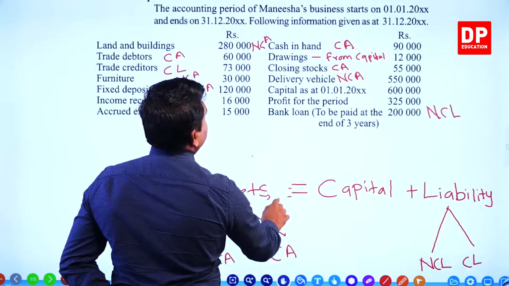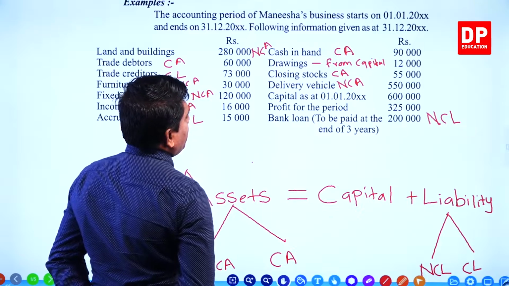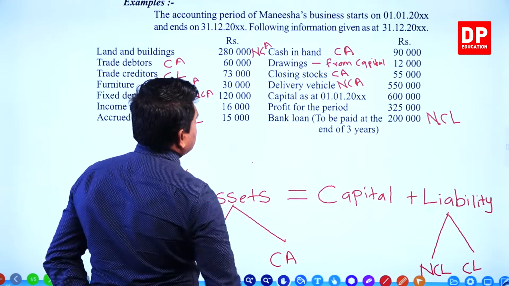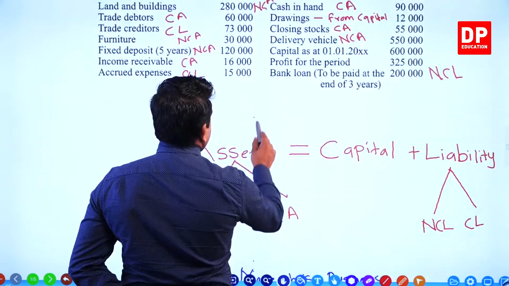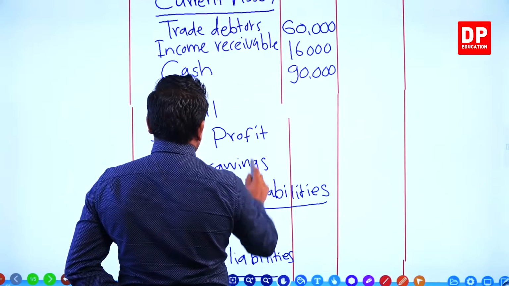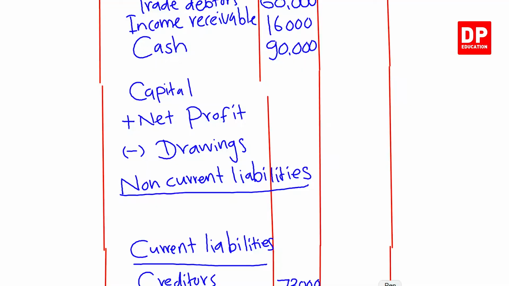90,000. Okay. Correct, right? Drawings minus from capital 12,000. Drawings 12,000, you put in the brackets.